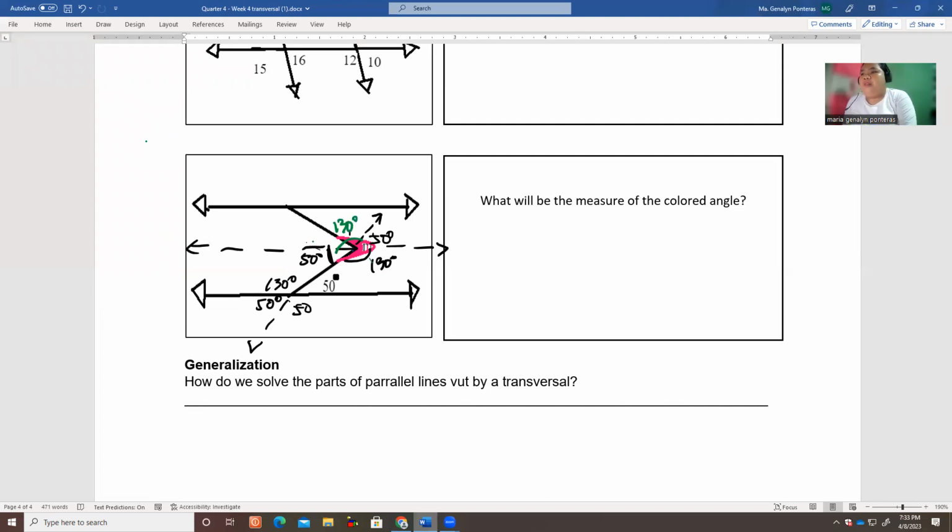However, we only need the pink portion. So if we add, that would be 316. So what will happen now? If this is 50 and 50, what other properties or pairs of angles can we use for that?